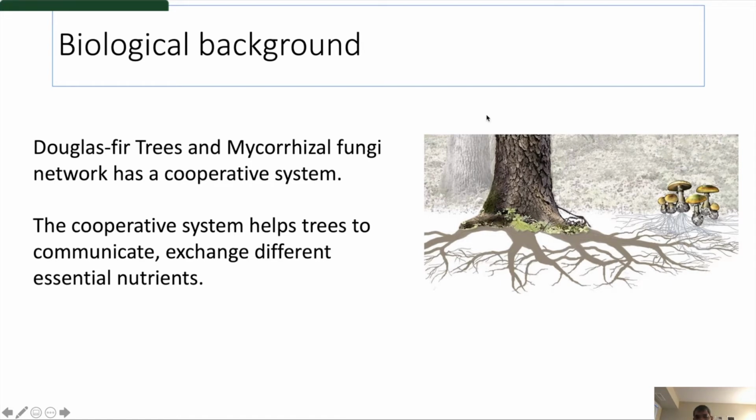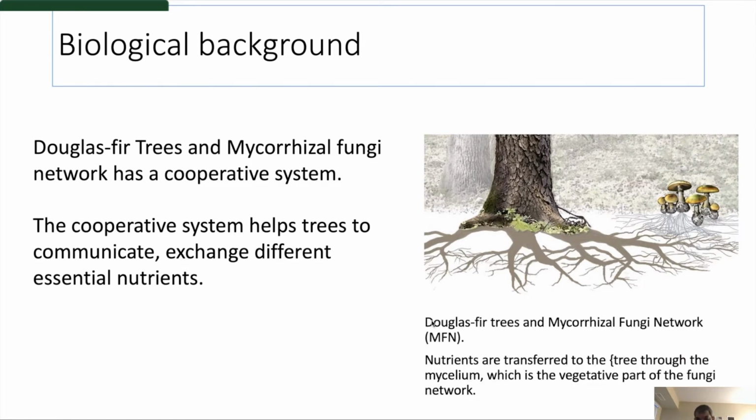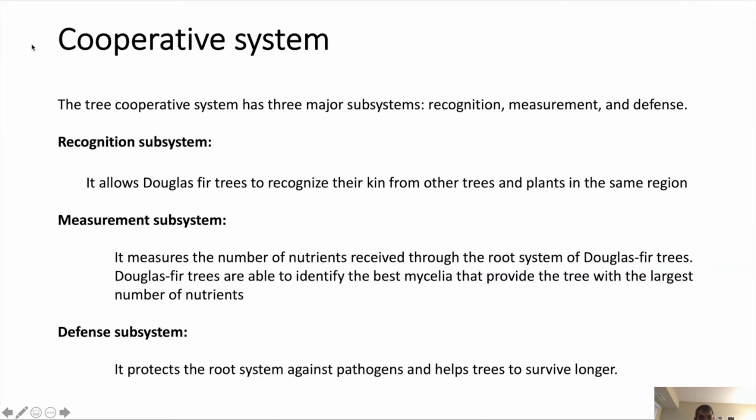So the tree itself has what we call a cooperative system. The cooperative system helps the trees communicate and exchange different essential nutrients with other parties in the region. As we can see here, this is the cooperative system for the Douglas fir trees.